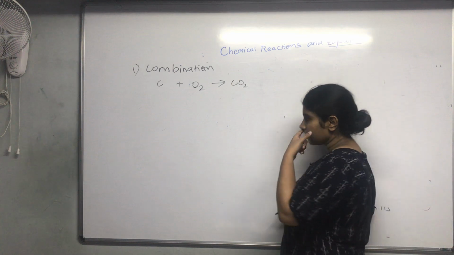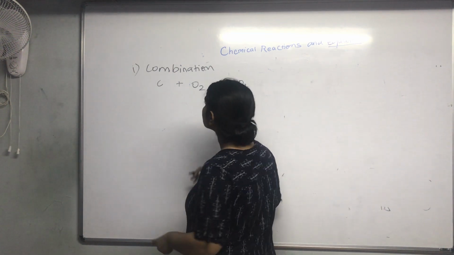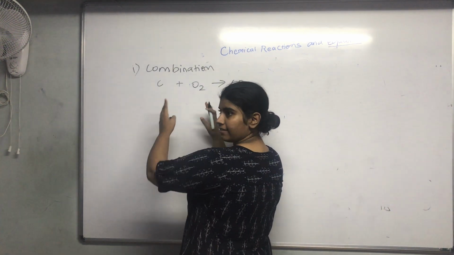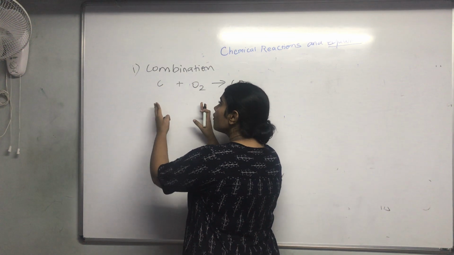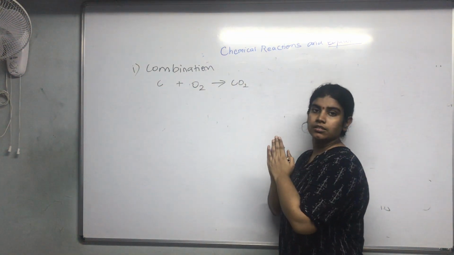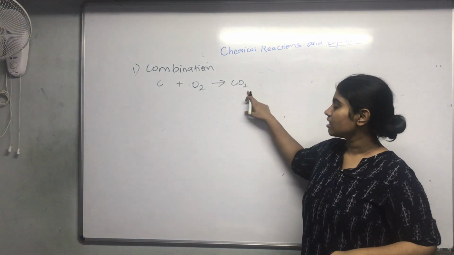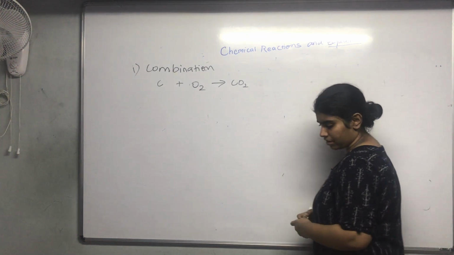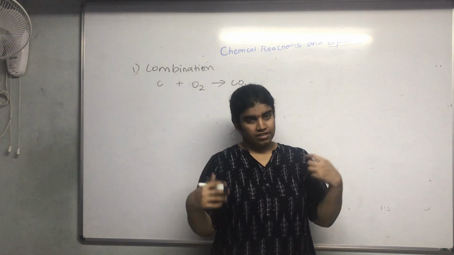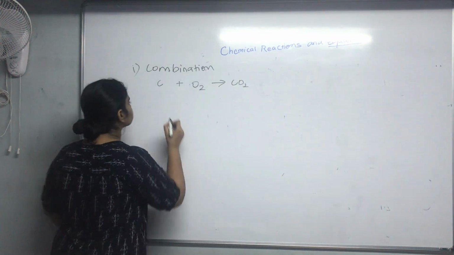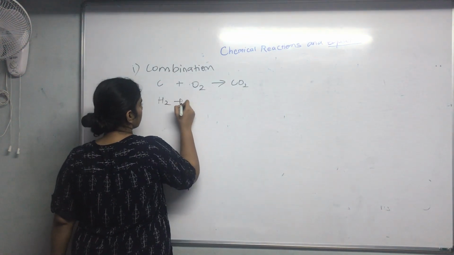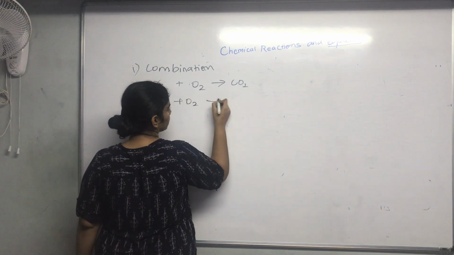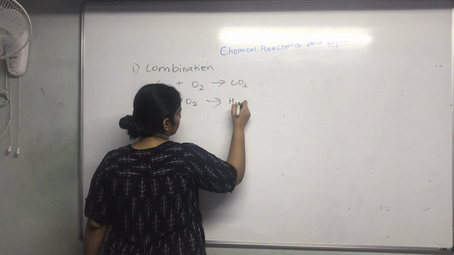So there are various examples in which two separate reactants react together to form a single product. Another example would be the formation of water. H2 plus O2 gives you H2O.